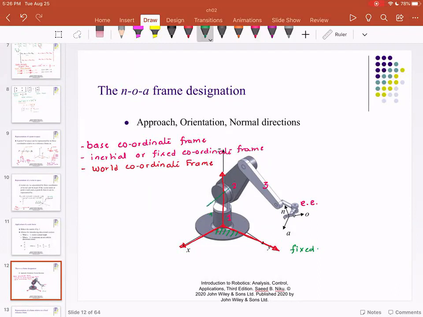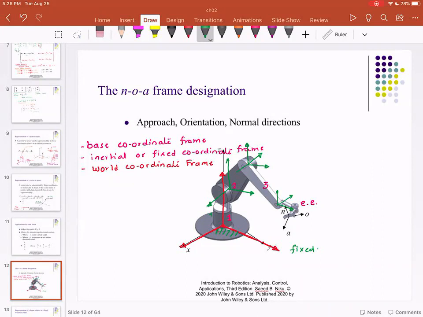You could have one frame over here, one frame over here, and one frame over here. So you could have different coordinate frames.